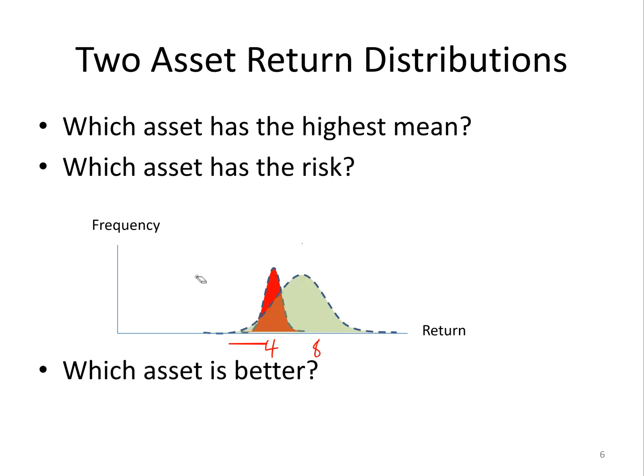So if we describe these using a normal distribution, we'd have a mean, and then we'd have a measure of this dispersion. And so the question is, which asset is better? Well, clearly this green asset has a higher expected return, but also has a higher risk. We could wind up in these tails. Although I love these tails, I don't like this tail right here where you have very low returns. So it's not clear which one's better. What you see is it has a higher expected return in green and a higher risk.